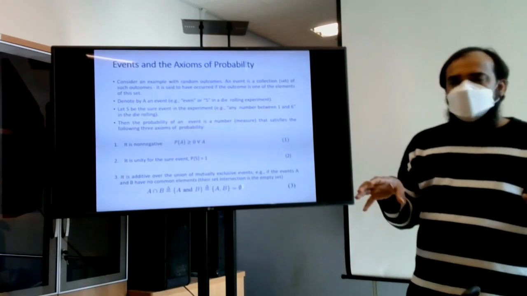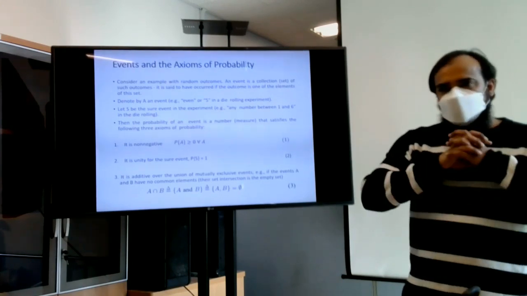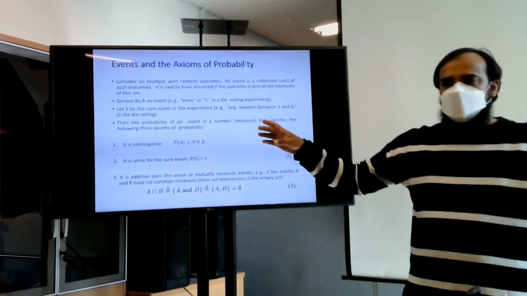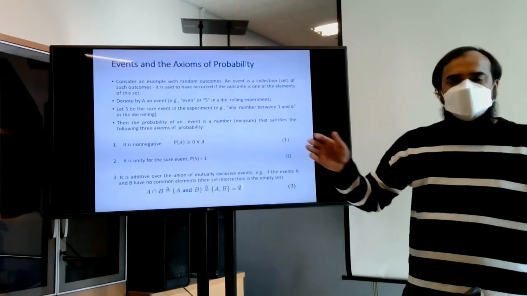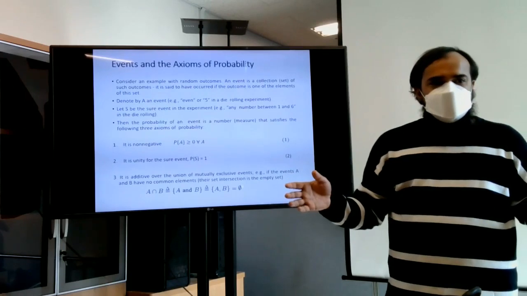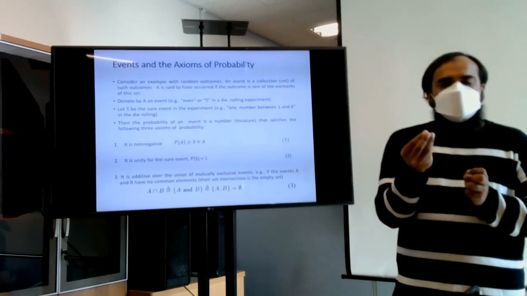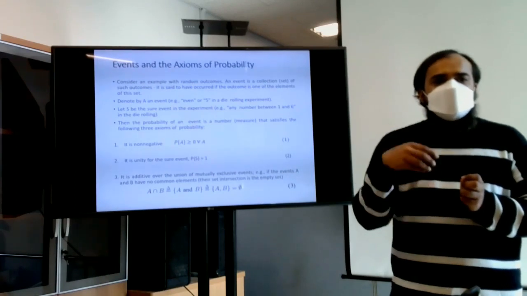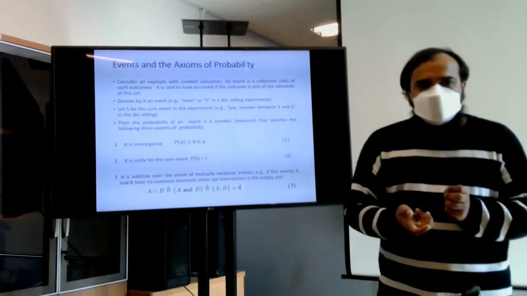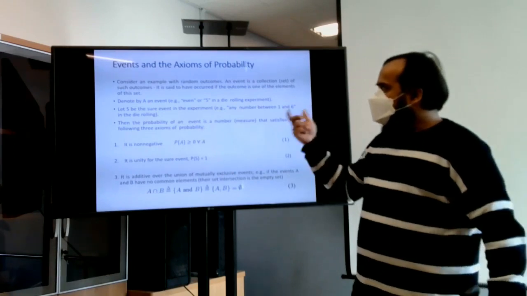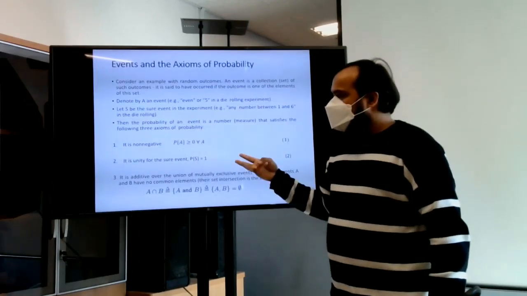The sample space has plenty of outcomes, and an event has a few outcomes whose probability one can be asked to find. So the probability of an event has 3 axioms.